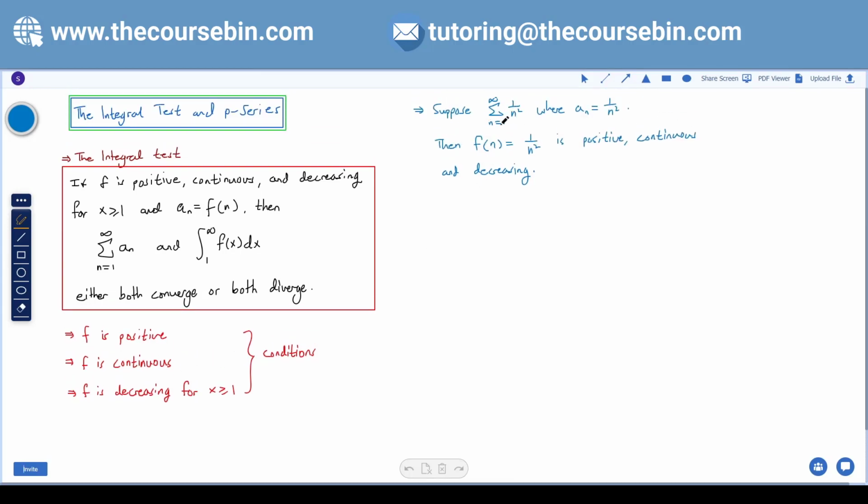So let's suppose that we have the series 1 over n squared, so your a sub n is equal to 1 over n squared. Now let's define f of n to be the same as a sub n, 1 over n squared. You can see that 1 over n squared is positive, continuous, and decreasing.